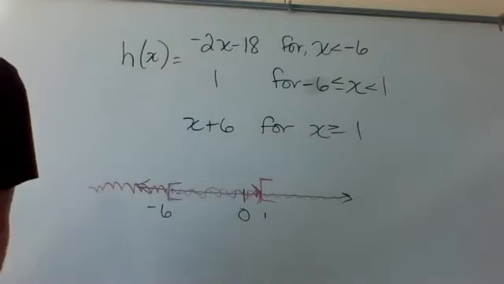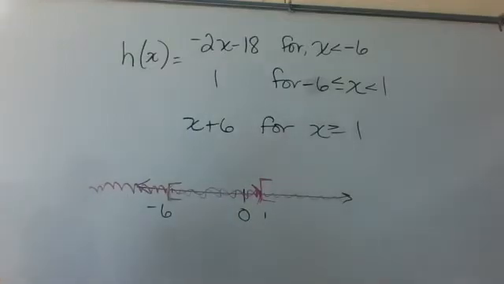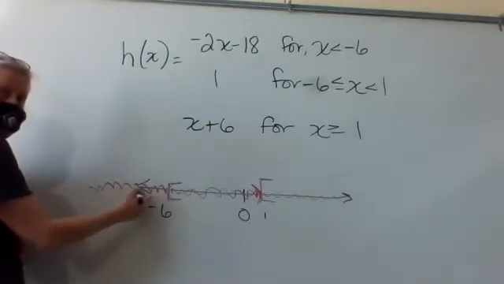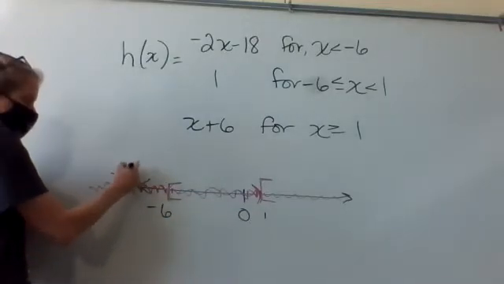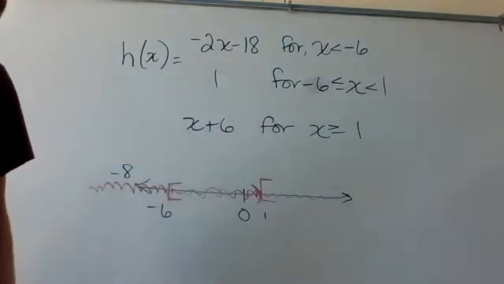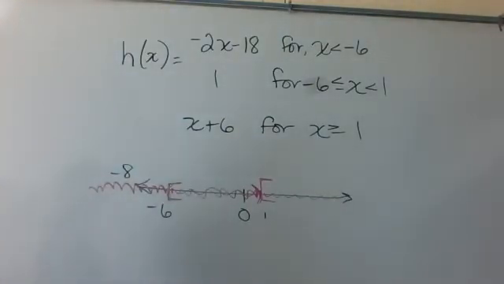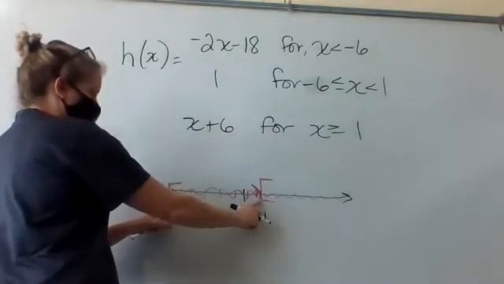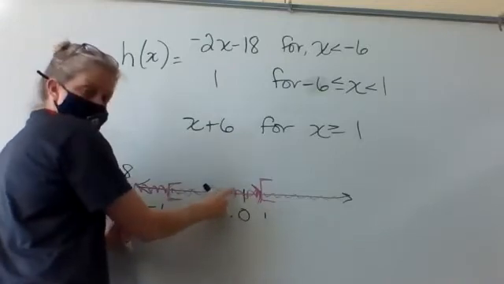It wants us to find h of negative 8. So where would negative 8 be? In this piece right here, right? Less than negative 6. It wants us to find h of negative 1. Where would that be? It'd be in this piece right here, right? Here's negative 1.